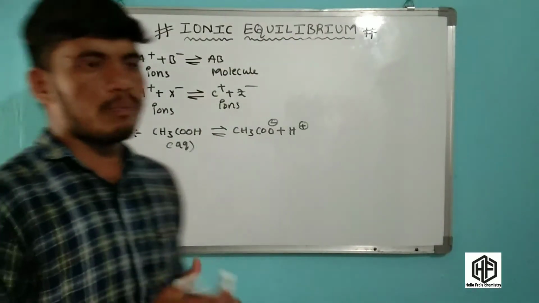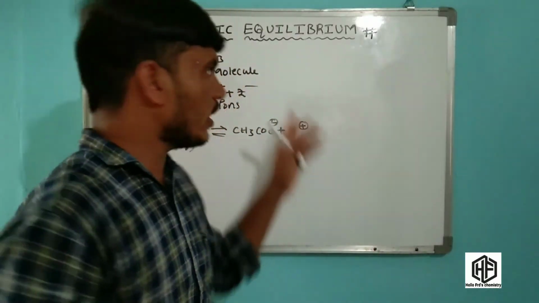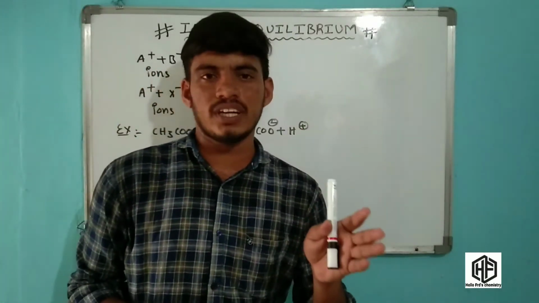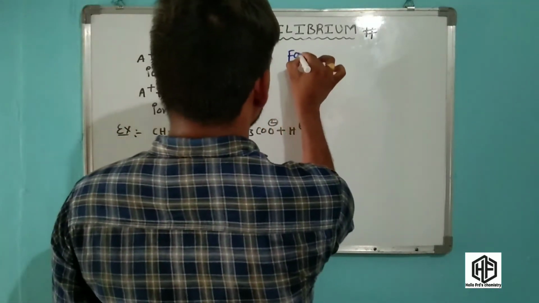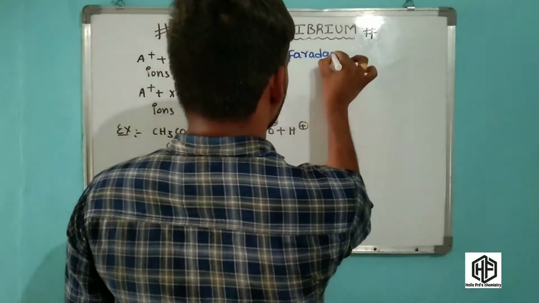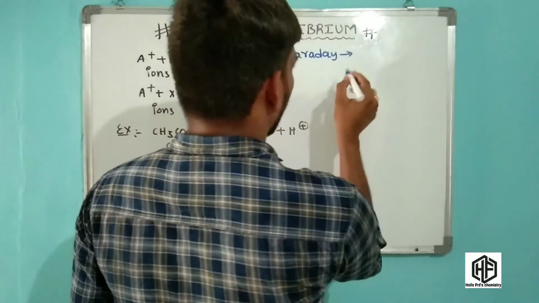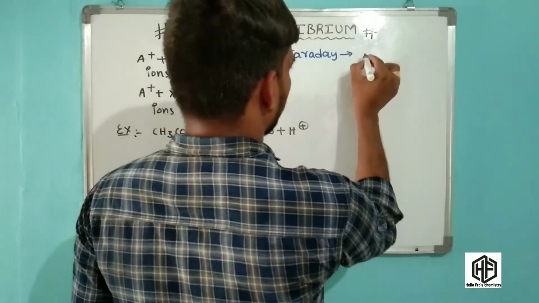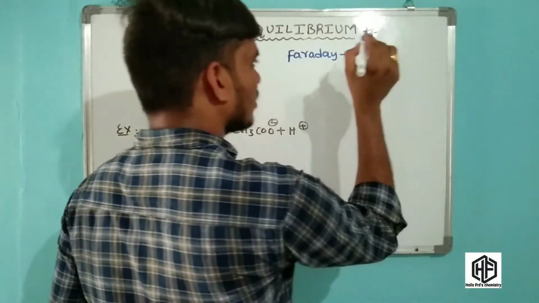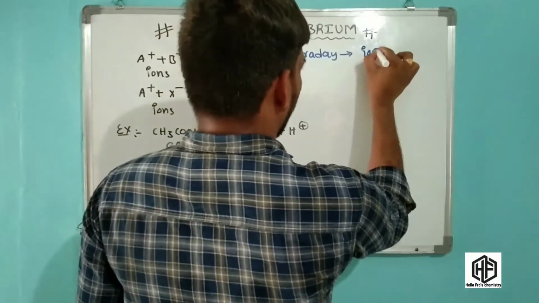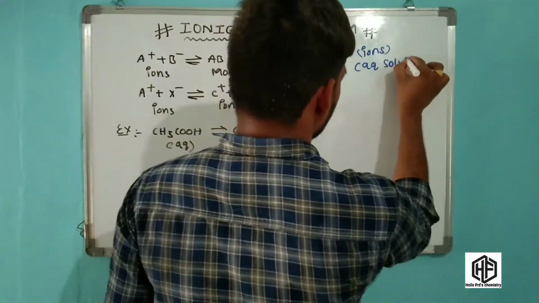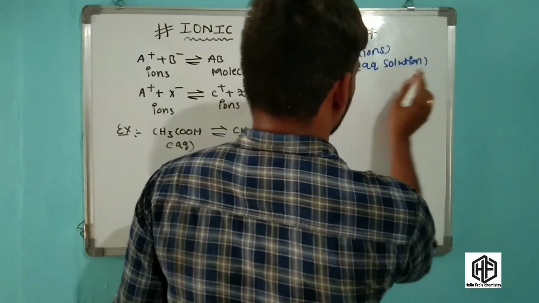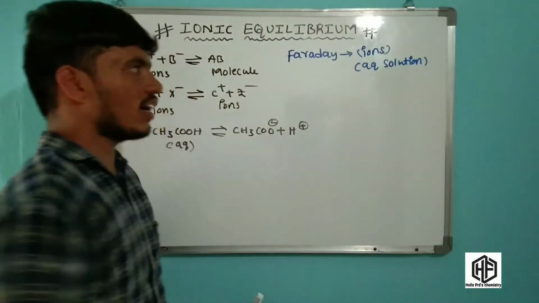Now one more topic is introduced in ionic equilibrium. The topic is the electrolyte. Faraday says that ions present in an aqueous solution produce conductivity.